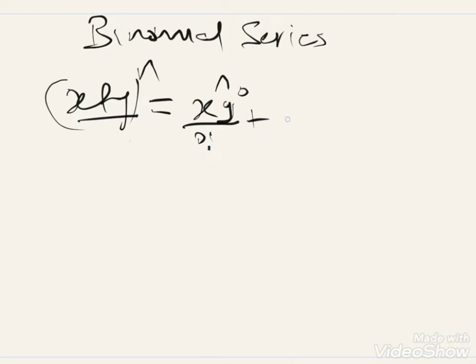For us to form the second term, we shall multiply this n by 1 here. We have nx. Then we subtract 1 from n to have x raised to the power n minus 1. Then y raised to the power 1 all over 1 factorial.